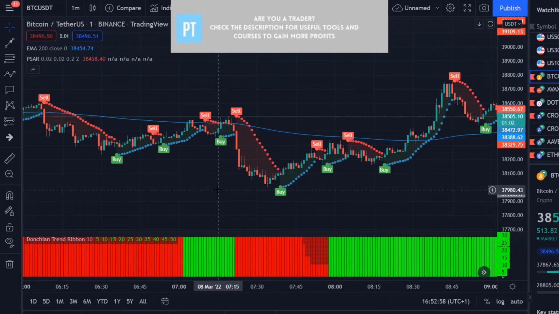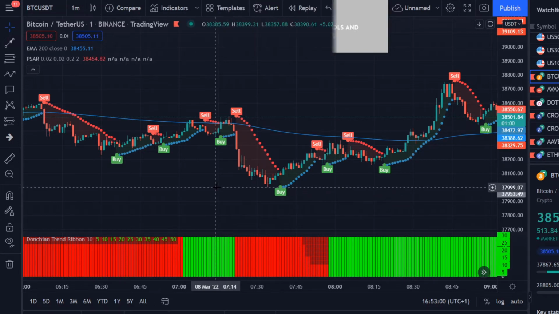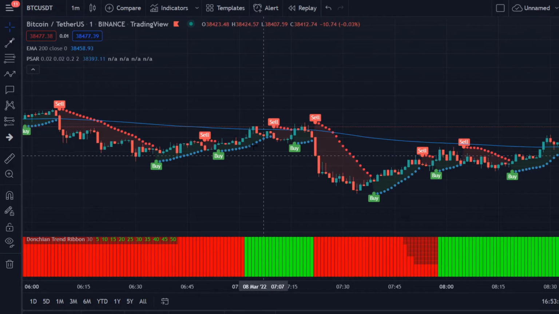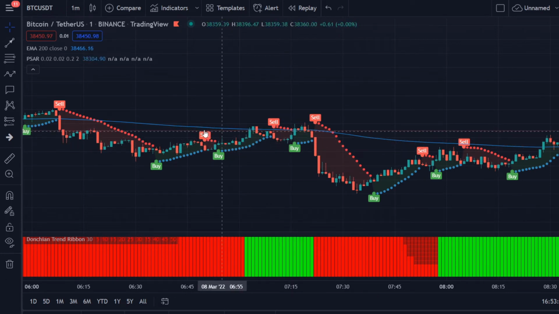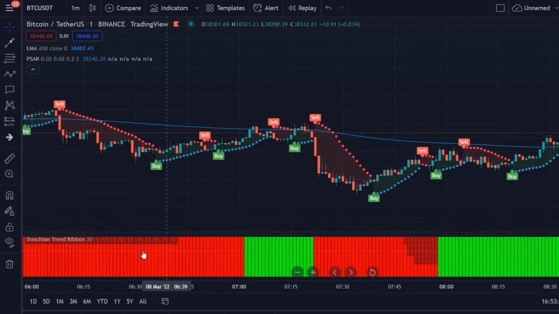Okay, let me show you the trading strategy. We first start with a sell trade. The price needs to be below the 200 exponential moving average, so below the blue line. That's our first condition for a sell trade. Then we need a green bar Donchian trend ribbon, which starts about here.